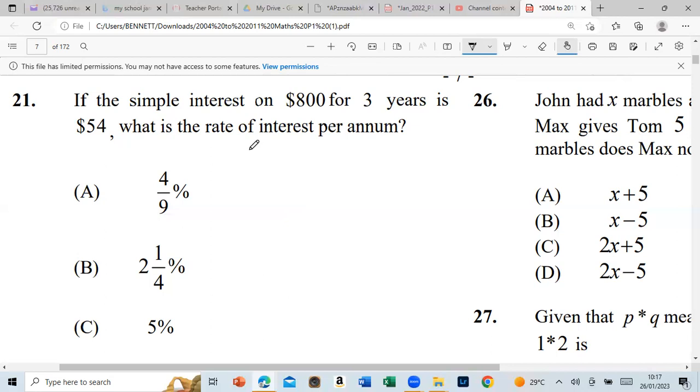Alright, so let's go. So we just spoke about simple interest, which is P times T times R.